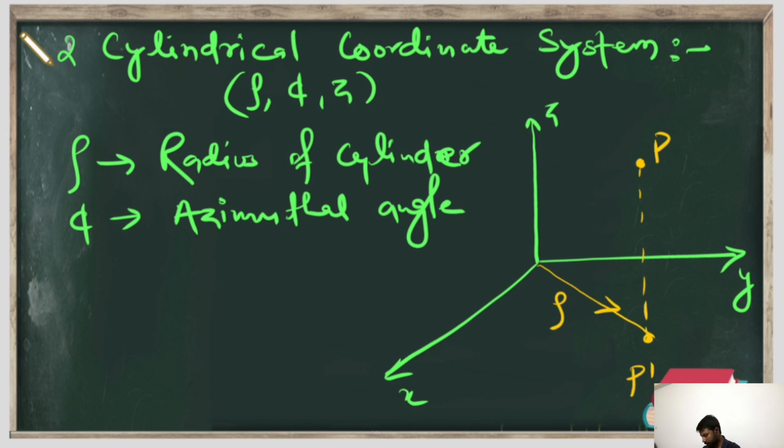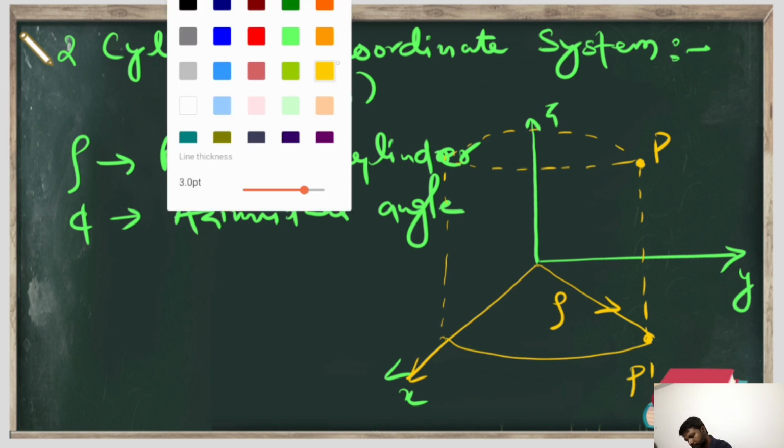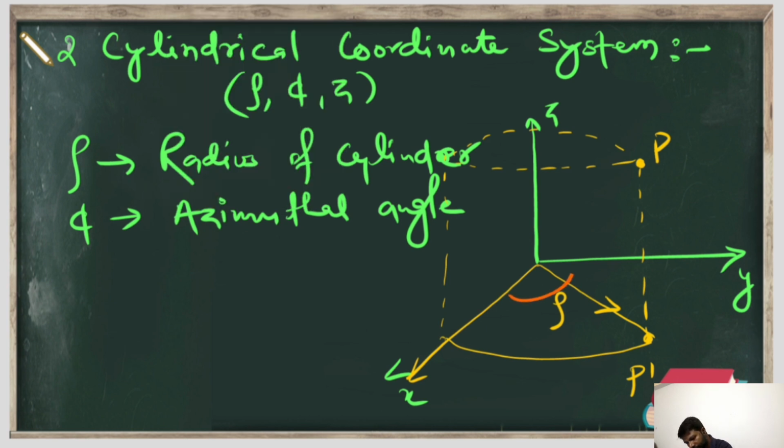Rho is the radius of the cylinder, and this angle is phi.